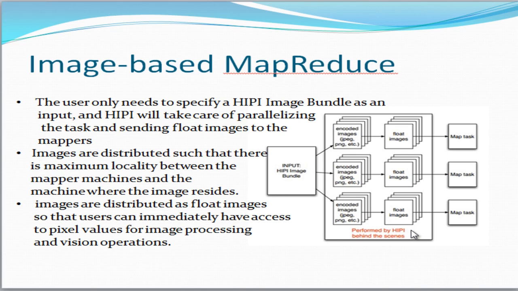Images are distributed as float images so that the user can immediately have access to pixel values for image processing and vision operations. So you can see that HIPI is a very efficient framework for processing images.